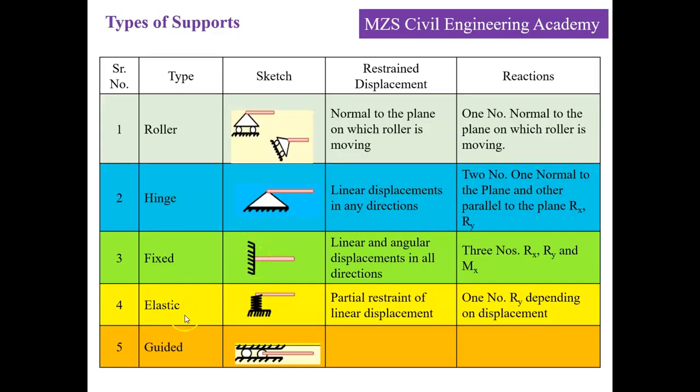The next type is the elastic support. This is idealized with reference to a spring support, which allows a certain deformation depending upon the spring constant or stiffness of that spring. So here some vertical translation is allowed, not complete, but partial deformation is allowed.